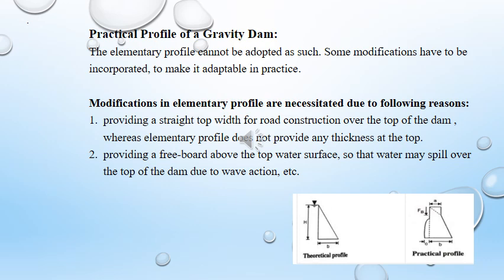So, what is the freeboard? Freeboard is the margin between the top of the dam and the water surface. So, the freeboard is provided just above this elementary profile, above the water surface, so that the water may not spill over the top of the dam due to wave action.